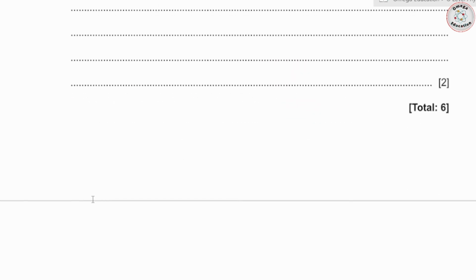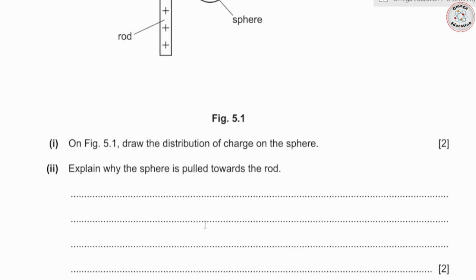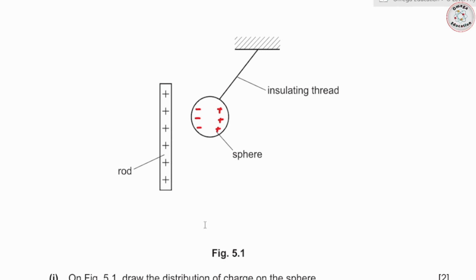Explain why the sphere is pulled towards the rod. This question is for 2 marks. Now for the first one, since the sphere was neutral, there are 2 forces acting on the sphere.